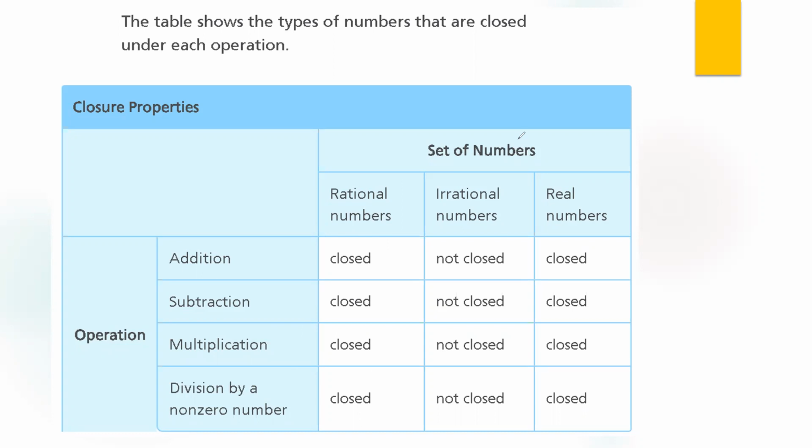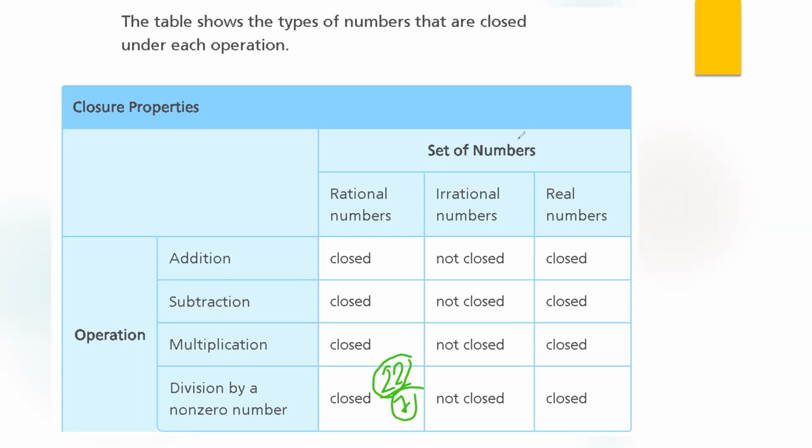If you say, teacher, 22/7 is rational, and when you divide them, you get a rational number because it can be written as A/B. So that means it's closed. It will be rational too.